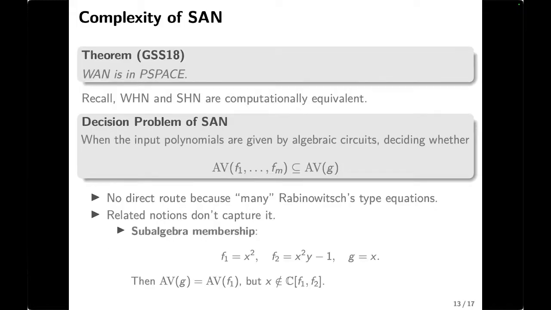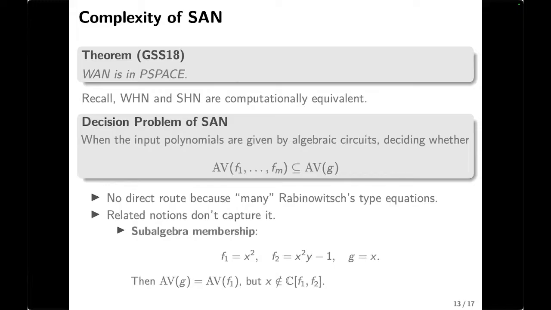One thing is that this approximative criterion gives us something like integral closure, and some related notions have been studied in the literature. For instance, one is subalgebra membership, where you want to see whether this polynomial g lies in the subalgebra generated by f_1 and f_2.